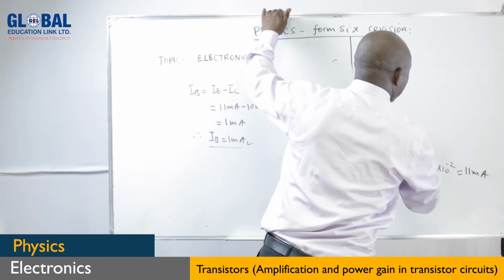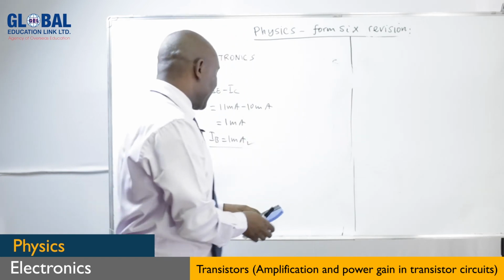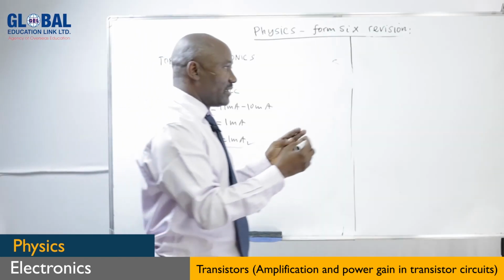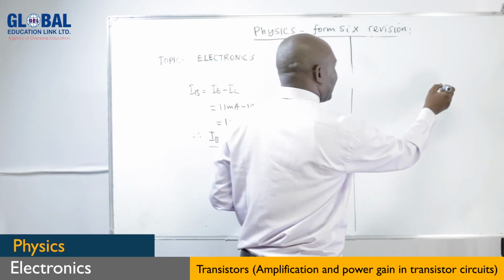Very quick, number 2. Number 2 says a transistor was operated in a common emitter configuration. Okay, so for a common emitter, you draw the circuit.